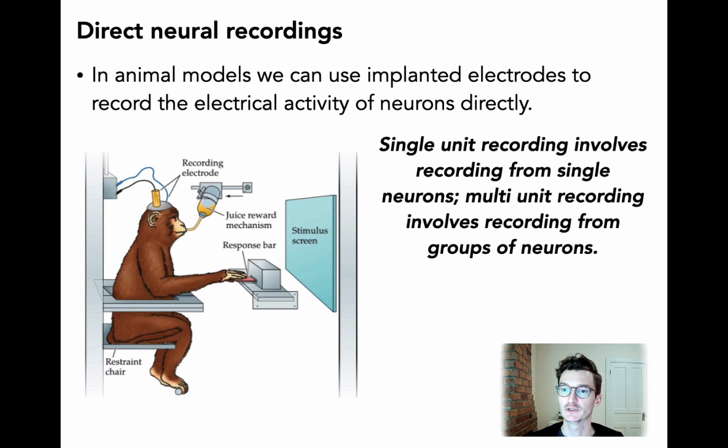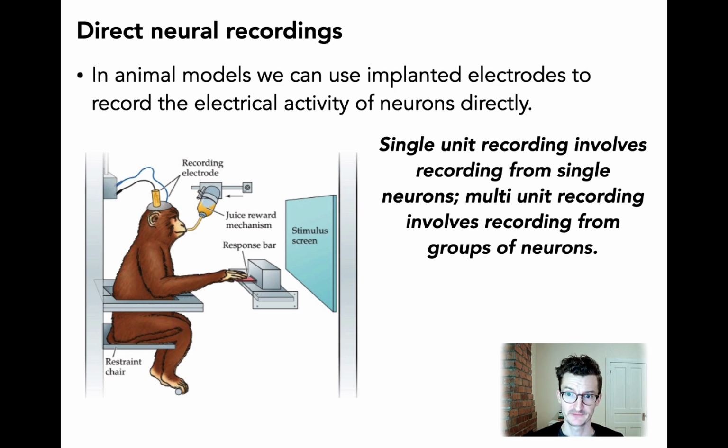It's arguably as good as it can get because we can record from single neurons in the brain. The obvious downside here is that we can only do this in animals, right? I can't recruit undergraduates to come into my lab and implant electrodes in their brain and record from single neurons. So we can only do this work in animals.